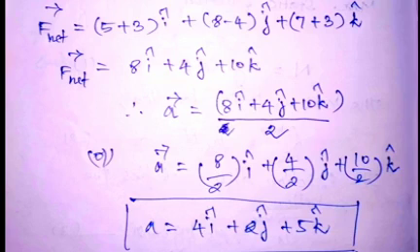So I get a vector is equal to 8 by 2 i cap plus 4 by 2 j cap plus 10 by 2 k cap. And dividing this, we get the final value, that is the acceleration of this particle of 2 kg mass: a is equal to 4i cap plus 2j cap plus 5k cap. So this is a very important 2-mark problem.